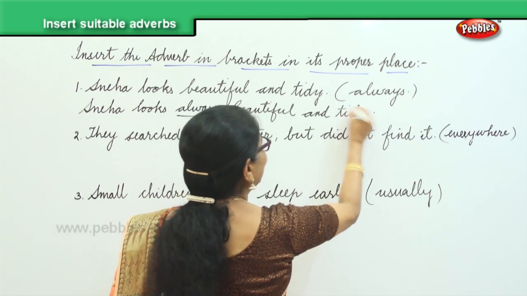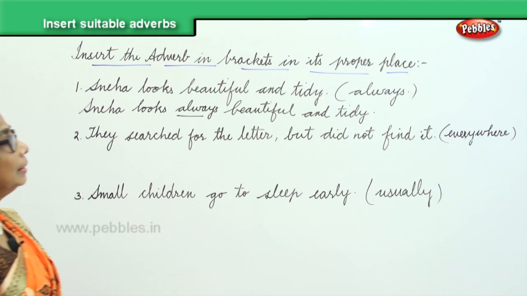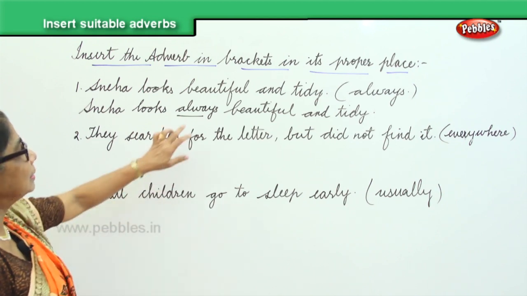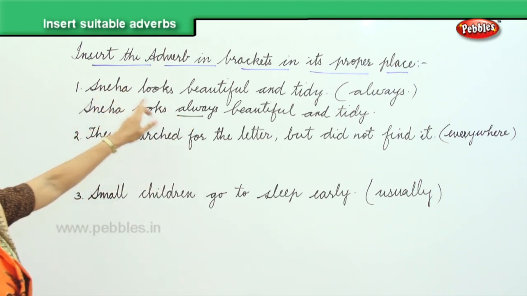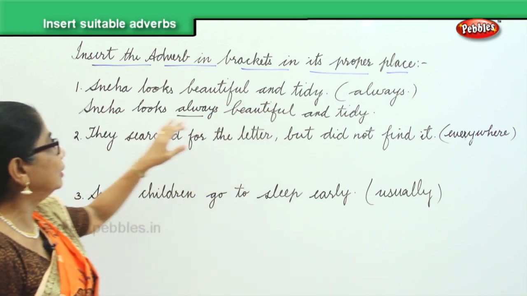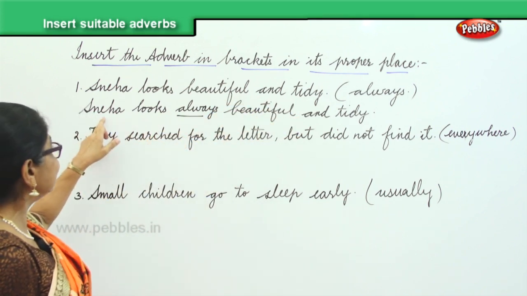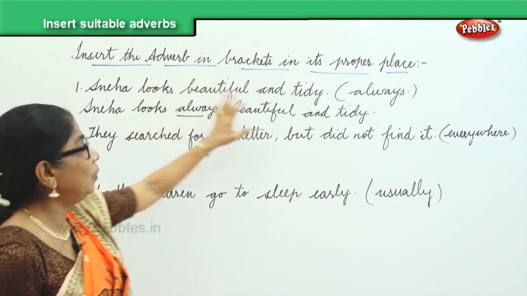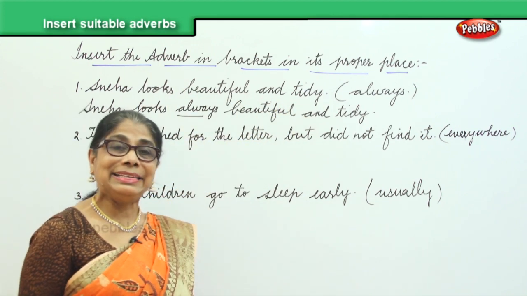So what have we done here? We have inserted the adverb always in the correct place. Sneha looks beautiful and tidy. So you put in always, so you have Sneha looks always beautiful and tidy.